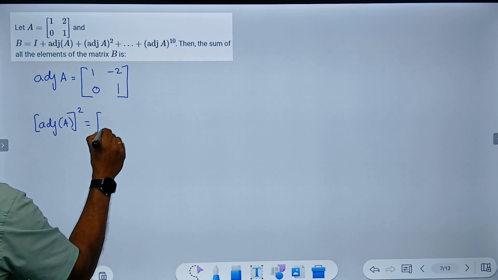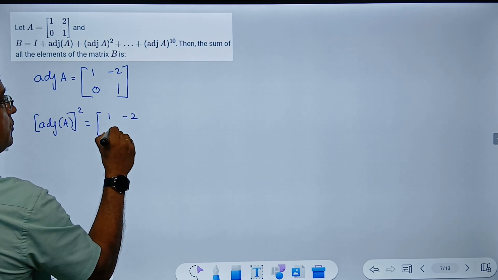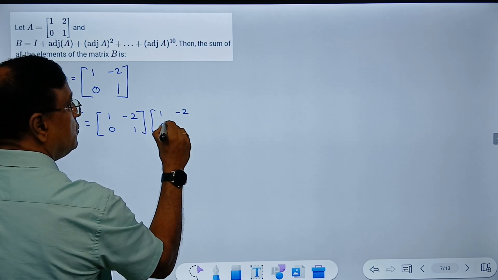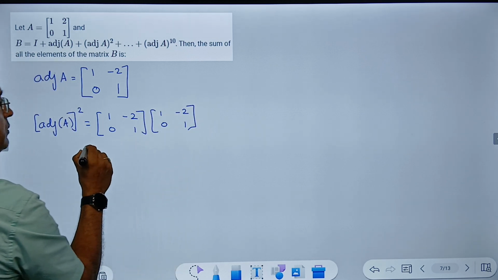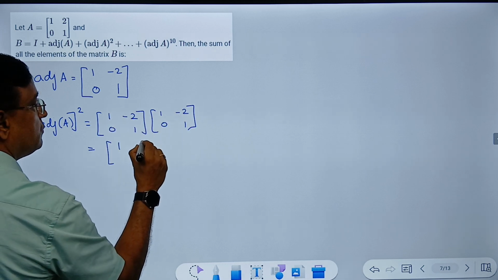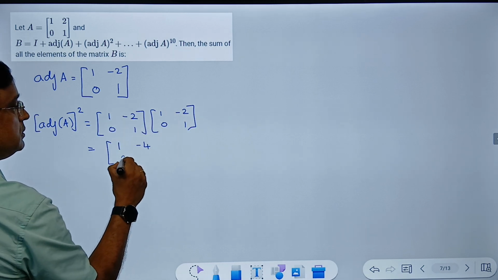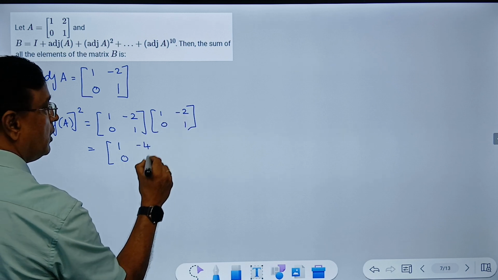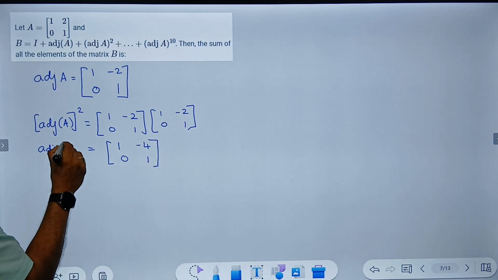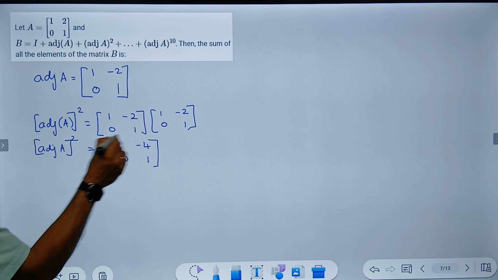It will be 1 minus 2, 0, 1 into 1 minus 2, 0, 1. If I multiply this, what do I get? I get 1, minus 4, 0 and 1. So I get a very nice pattern here. Adjoint of A whole square is this.